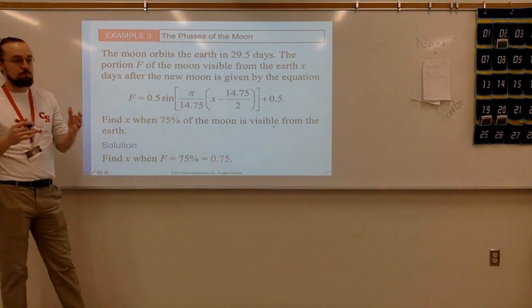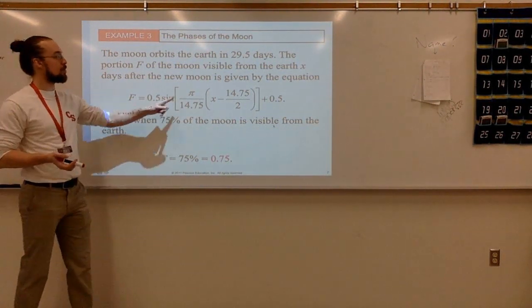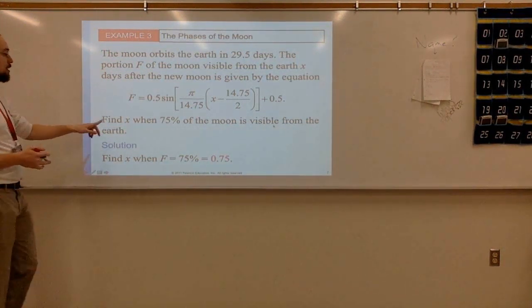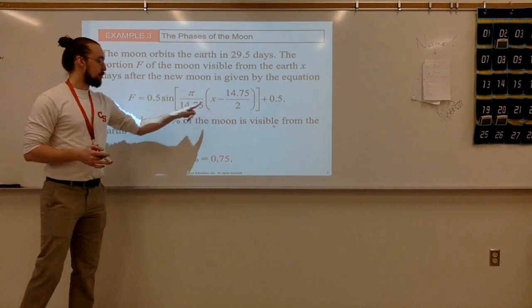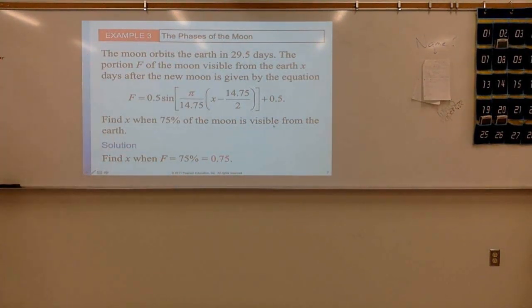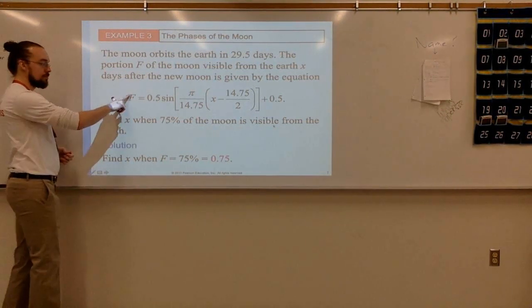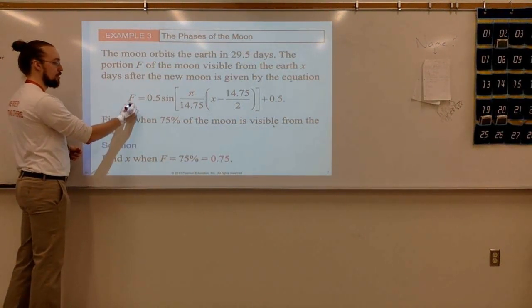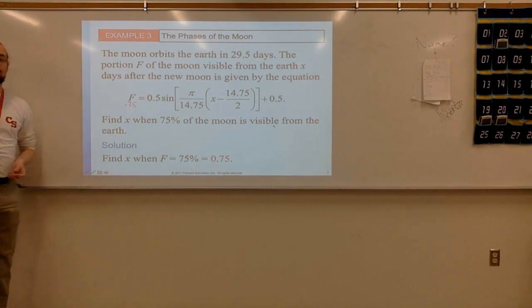So F is the percentage of the moon visible. X is the number of days after the new moon. We want to figure out the number of days after the new moon when 75% of the moon is visible. So we're going to plug 0.75 in for F and solve this equation.